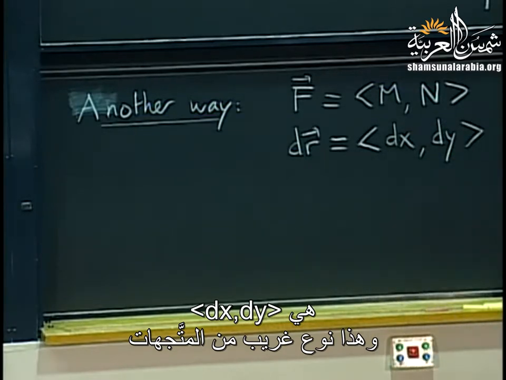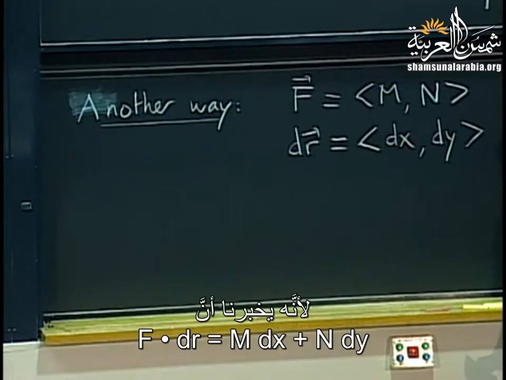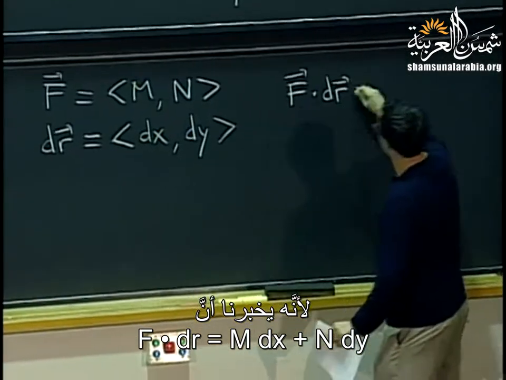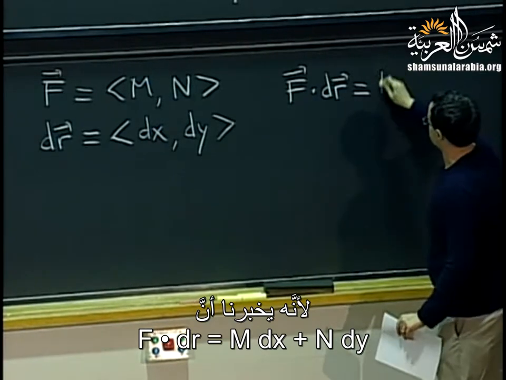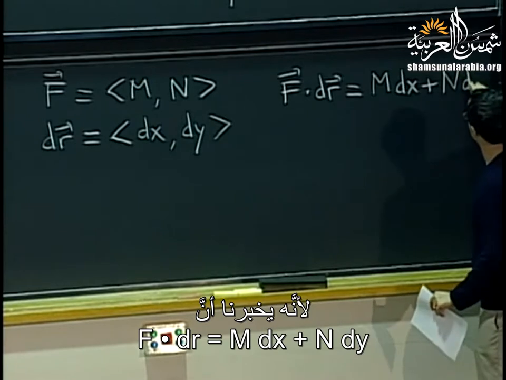So now that's a strange kind of vector. I mean, it's not a real vector, of course, but as a notation, it's a pretty good notation because it tells us that F dot dr is M dx plus N dy.